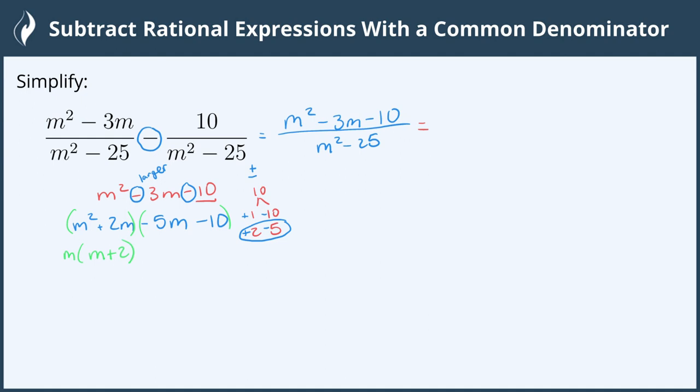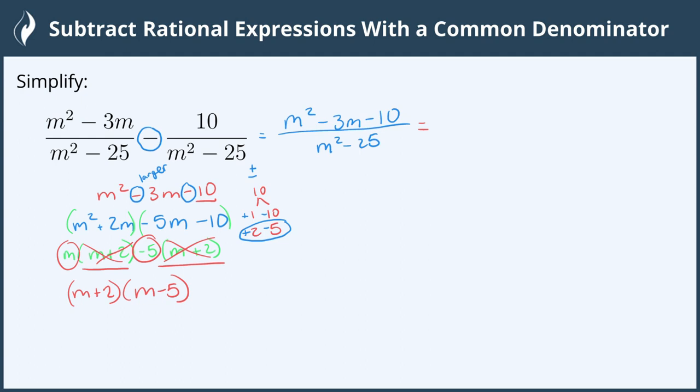And the greatest common factor of the second two is a negative 5. And factoring that out, we get an m plus 2. Now that we factored out the greatest common factor, we'll factor out the greatest common factor again. In this case, the binomial m plus 2, which leaves us with m minus 5.